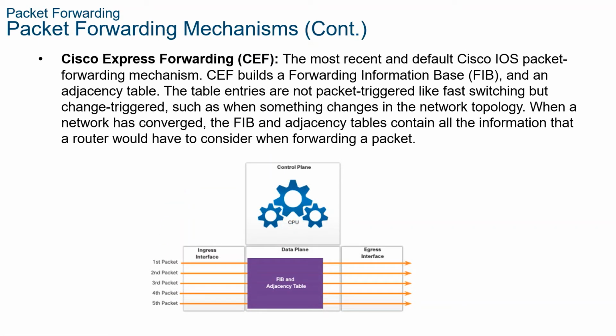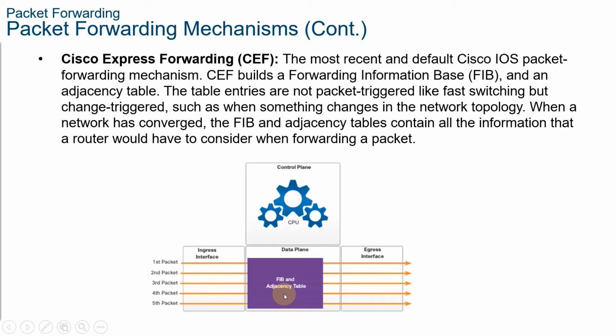The last one would be Cisco Express Forwarding, or CEF. CEF is the most recent and default Cisco IOS packet forwarding mechanism. Like fast switching, CEF builds a forwarding information base, or FIB, and an adjacency table.